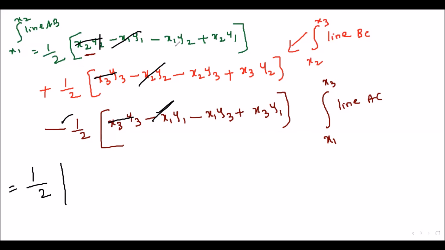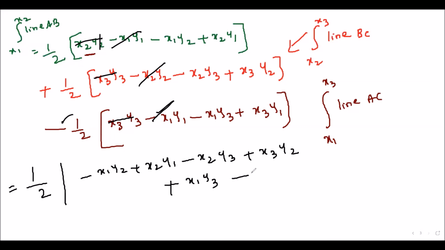So now you are left with the terms minus X1, Y2, plus X2, Y1, and here minus X2, Y3, plus X3, Y2. And here the minus sign is there outside. Remember, minus into minus, here plus, it will become plus X1, Y3 and minus X3, Y1.